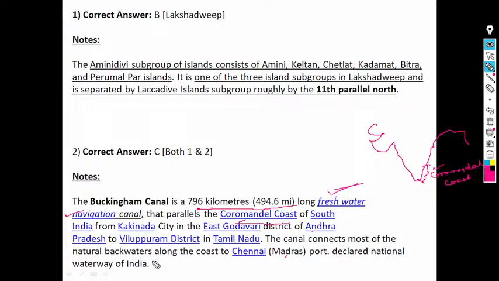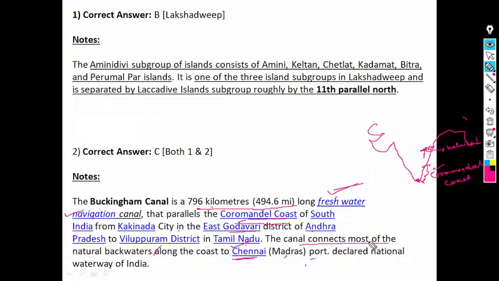The canal connects most of the natural backwaters along the coast of Chennai, Madras port, and is declared a National Waterway. Buckingham Canal is 796 km, and it starts from Kakinada, which is a port city. It is a freshwater navigation canal parallel to the Coromandel coast of South India, from Kakinada city in the East Godavari district of Andhra Pradesh to Villupuram district in Tamil Nadu.